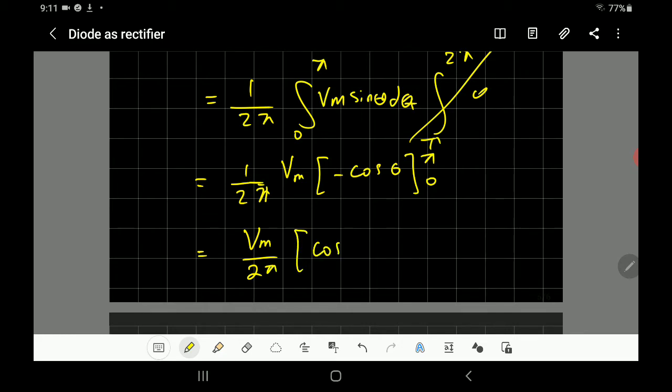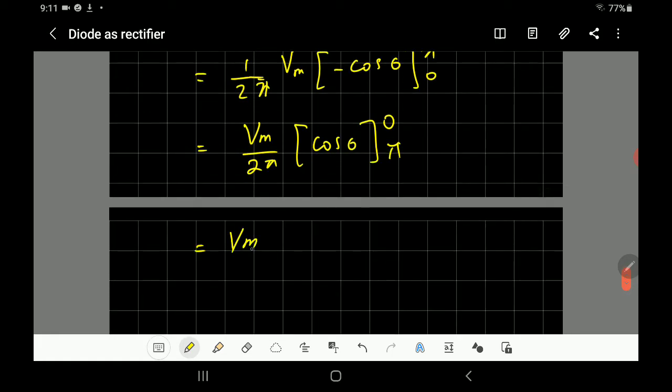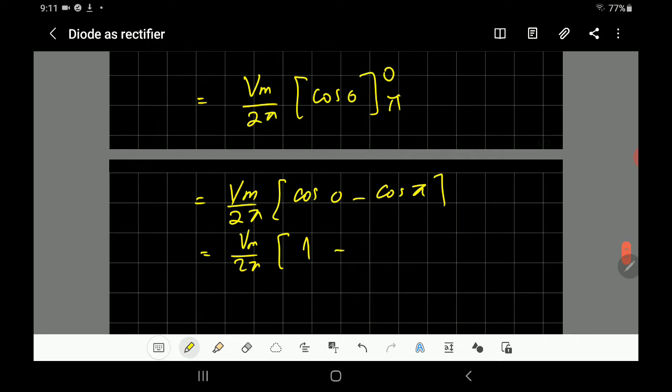So it's equal to V maximum over 2 pi times minus cosine theta. You can get rid of the negative sign by flipping the limits, from pi to 0, which gives V maximum over 2 pi times cosine 0 minus cosine pi. Cosine 0 is equal to 1, and cosine pi is equal to minus 1.